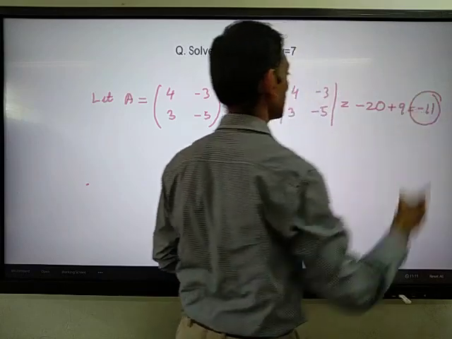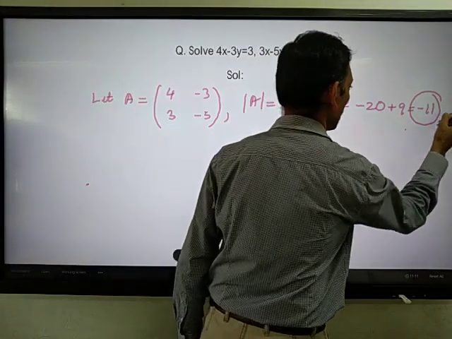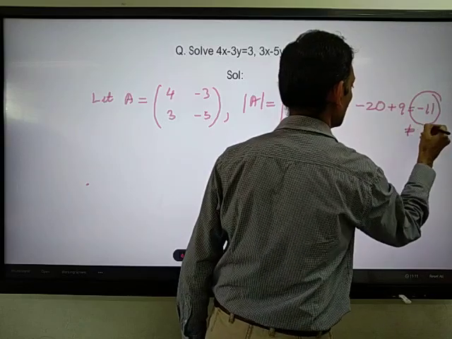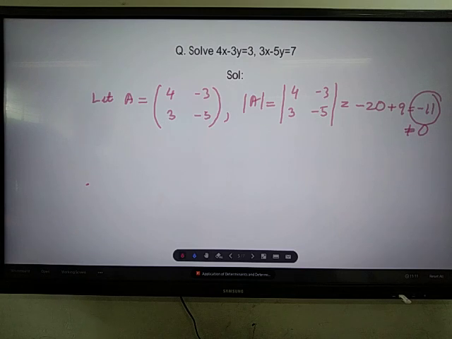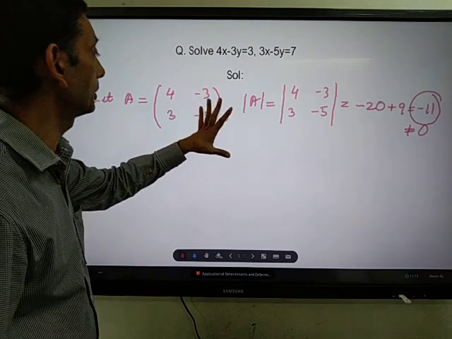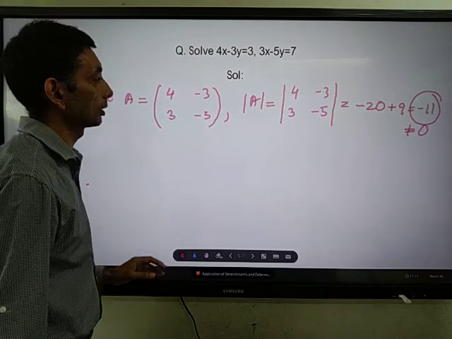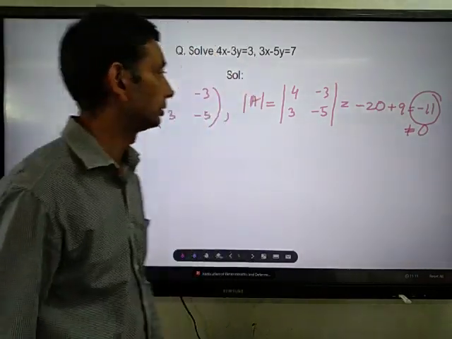So determinant A is minus 11, and this is not equal to 0. That means from the coefficient matrix of the given system of equations, we got determinant A not equal to 0.